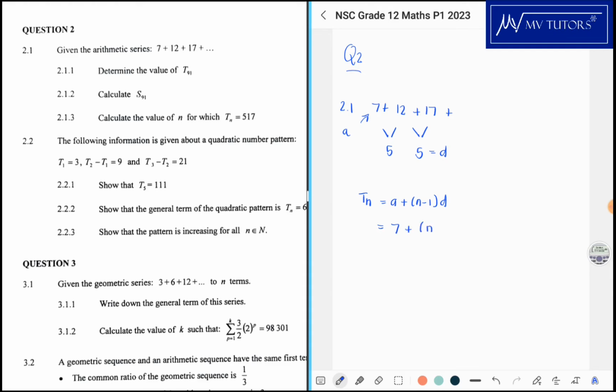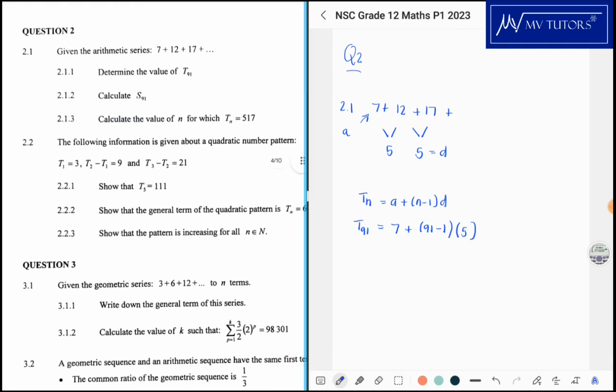And actually, we can actually put everything. T91. So the value of n is, okay, let me do this rather. So T91, the value of n is 91 minus 1. And the common difference is 5.